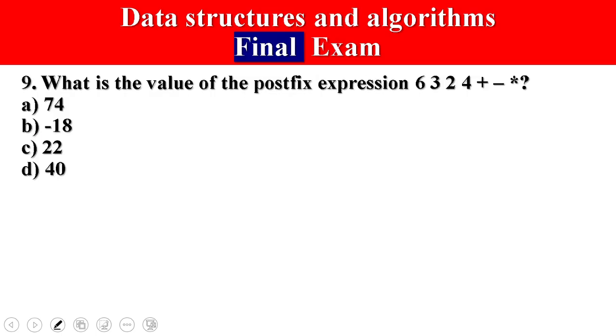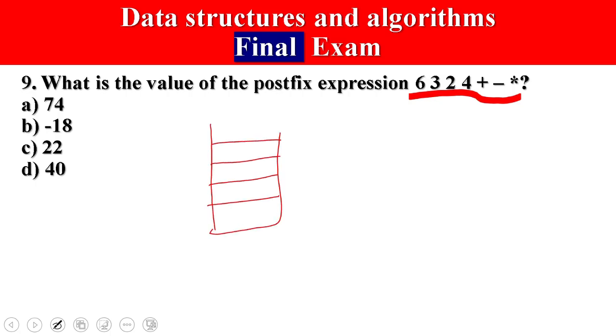Nine. What is the value of the postfix expression 6 3 2 4 + - *? In order to answer this question, we use a stack. The operands are pushed to the stack from left to right. First 6 is pushed, then 3, then 2, then 4. After that, the operators come, from left to right.